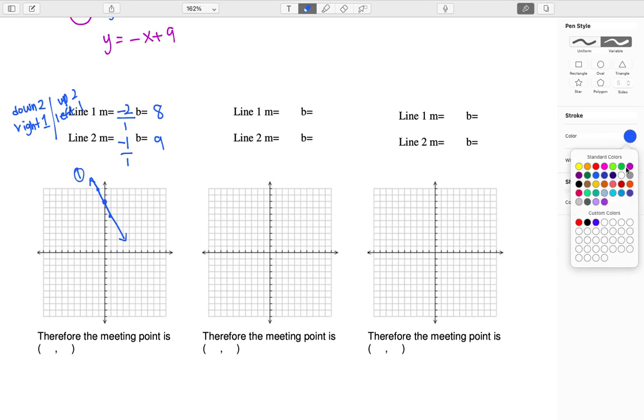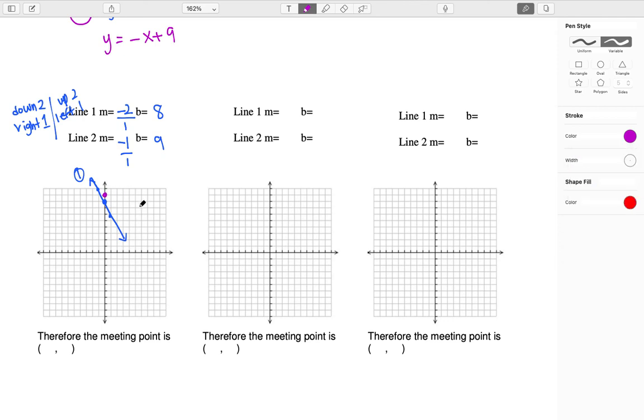For equation 2, I'm starting from 9 here, the y-intercept of 9, and then I will be going down 1, right 1, or I could put negative at the bottom, so I could say up 1 and left 1. So I could do up 1, left 1, oh, they meet over here, or down 1, right 1.